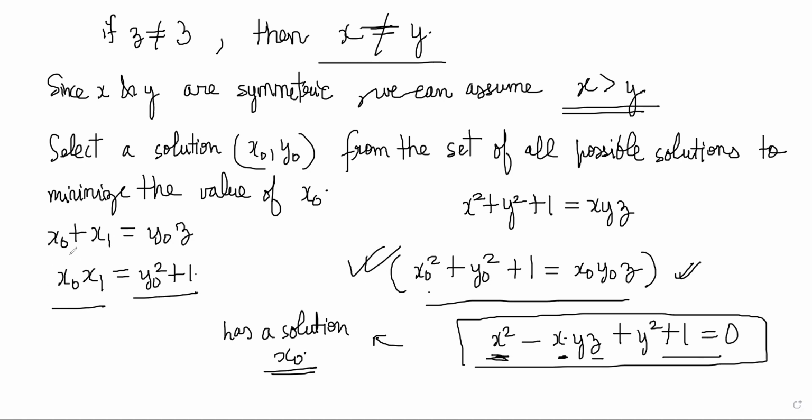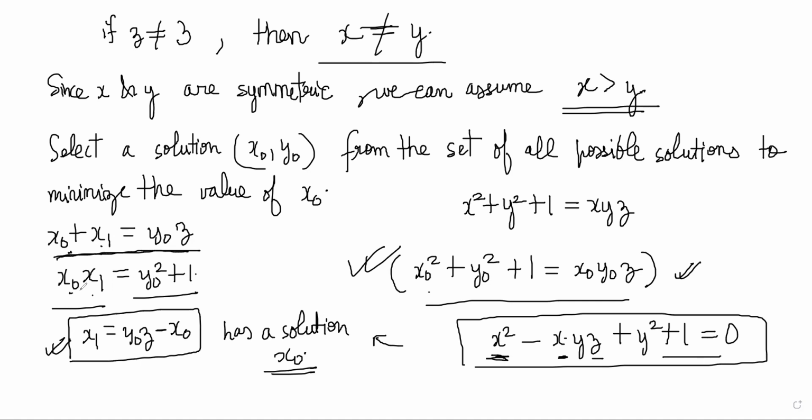From this equation, we are getting these two relations. x0 and x1 are the two roots, so we can say that the other root x1 is y0 z − x0, from the first Vieta's relation, which is clearly an integer.